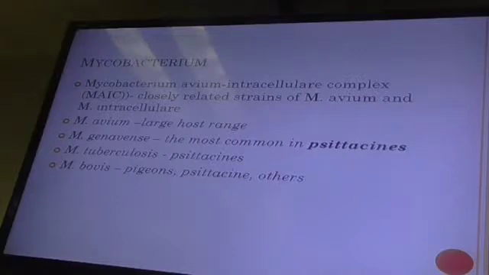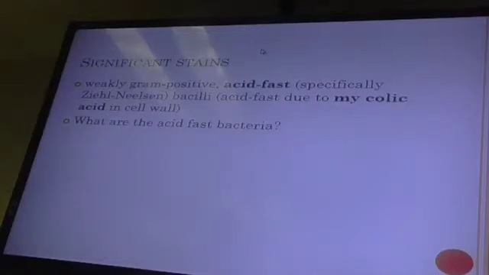They all present the same, but it's important that you have those on your radar when you have a bird. So this disease is not anything different than in other species. It's weakly gram-positive, and it is specifically acid-fast. So we use a Ziehl-Neelsen stain histologically to diagnose it.